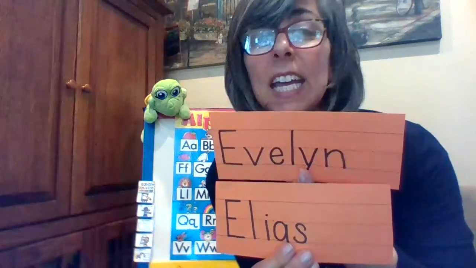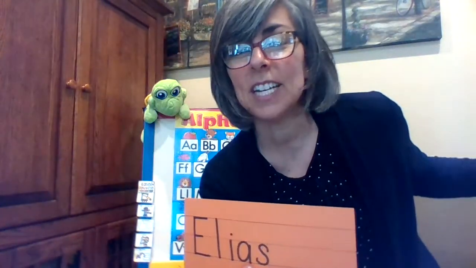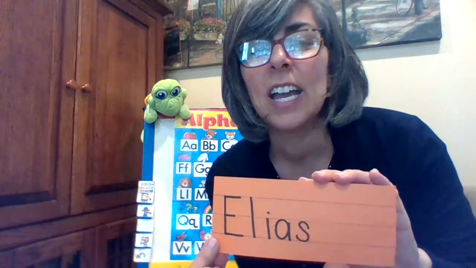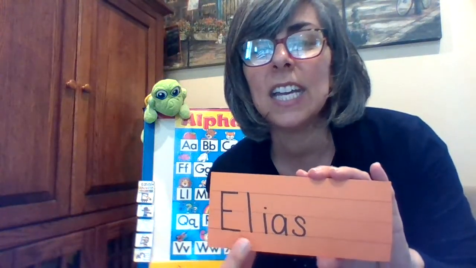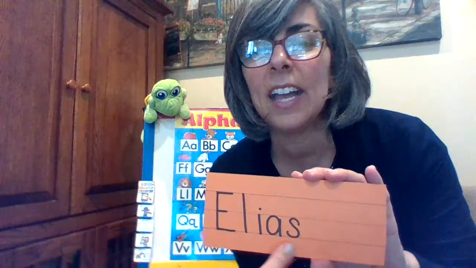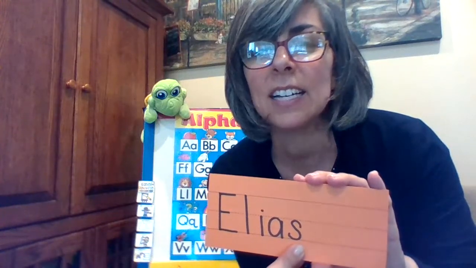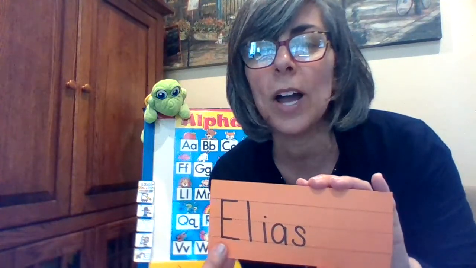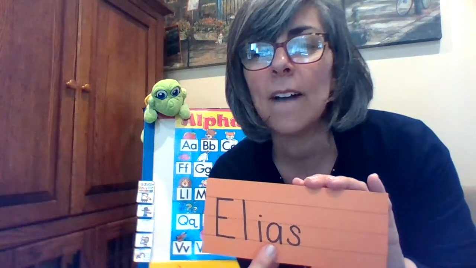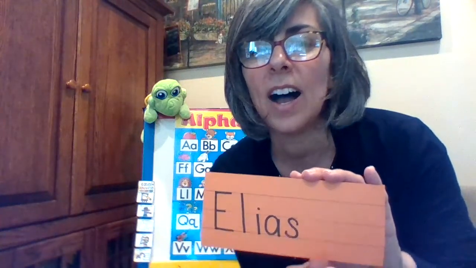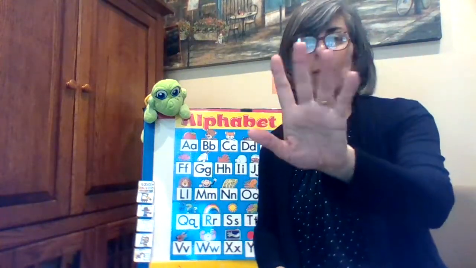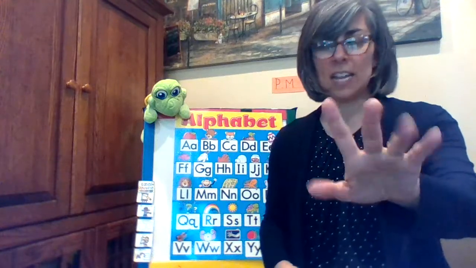Evelyn and Elias both have names that begin with the first letter E. Evelyn, Elias. Let's say the letters E-L-I-A-S. Elias. How many letters? 1, 2, 3, 4, 5. The same as the number of digits on your hand, 5.